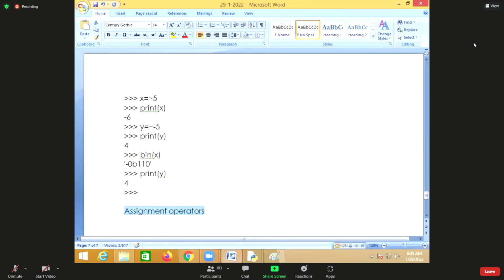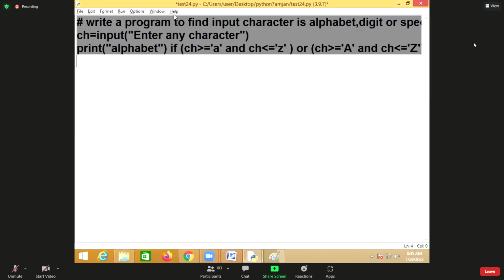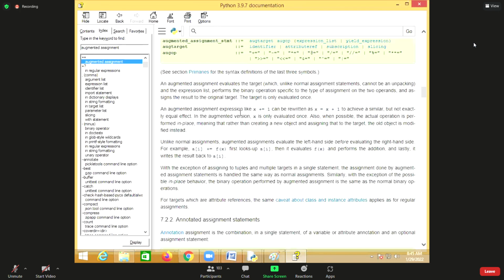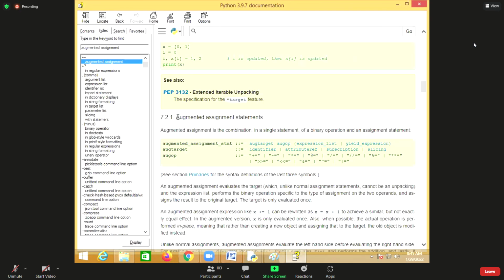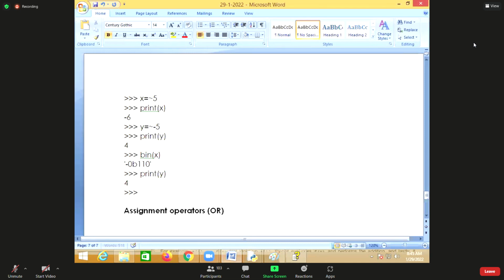Assignment operators, or augmented assignment statements. This is also called augmented assignment statements.